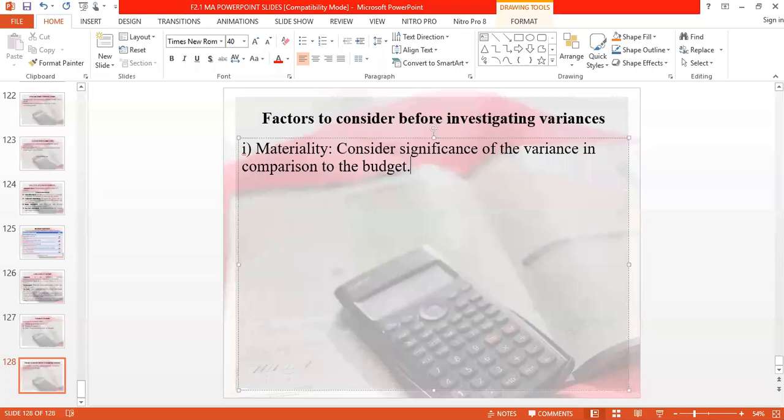If you find that the variance was 2 million out of 10 million, that is 20%. That is a very big variance. If you find the variance is very small, you don't need to investigate.